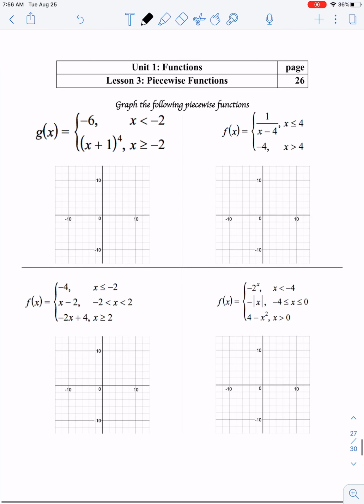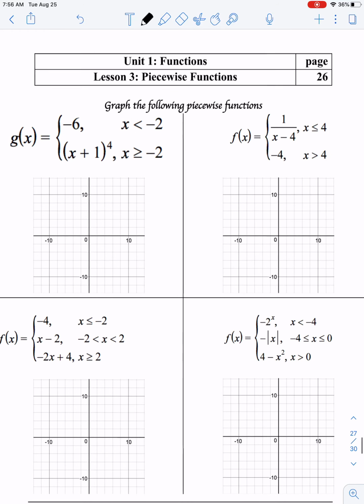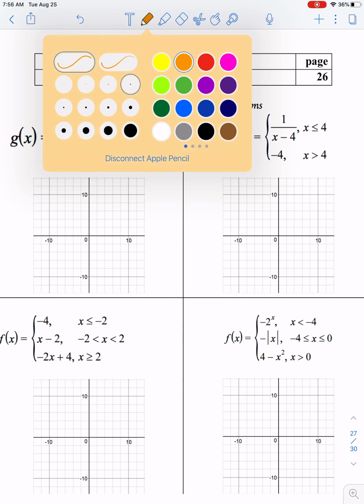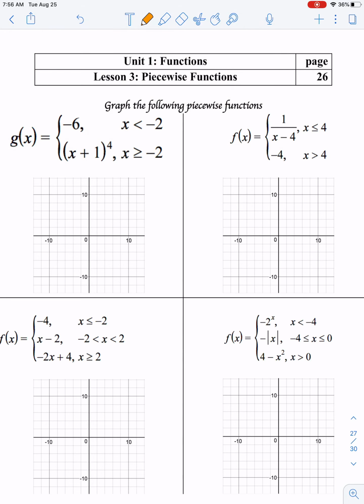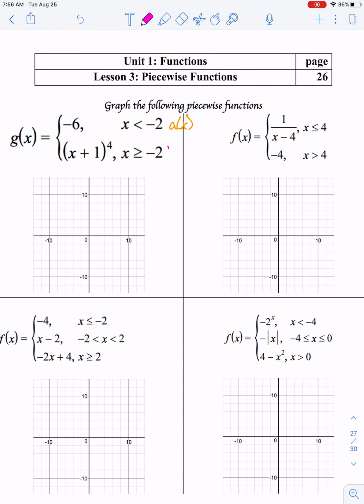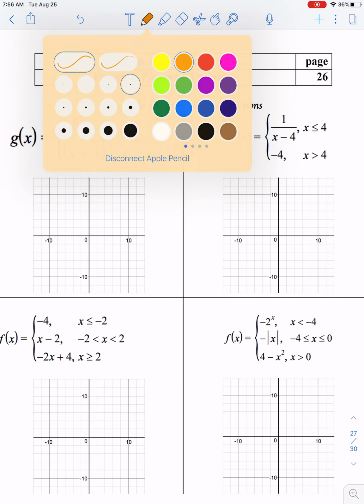So on page 26, you can look and see we go into more complicated functions. Because of that, again, start off by labeling, and I'm actually going to use different colors here. Whatever is orange is going to be a of x, and then b of x will be that color.